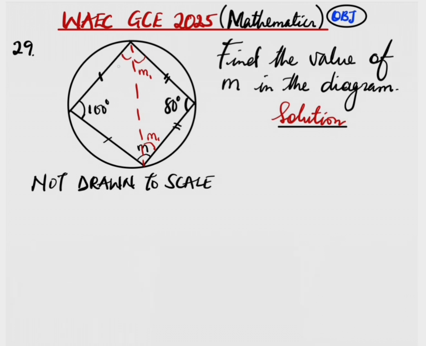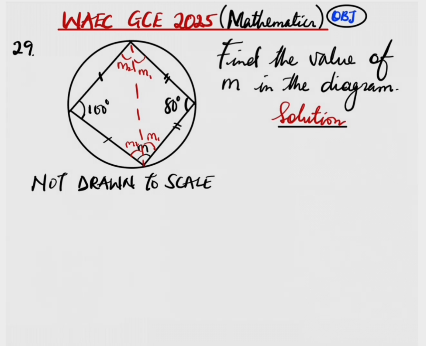And if this is m sub 2 for the second triangle, this also will be m sub 2. So we can easily get the values of m sub 1 and m sub 2. And the sum of m sub 1 and m sub 2 will give the value of m. So let us proceed.